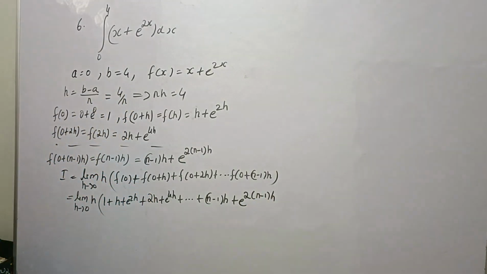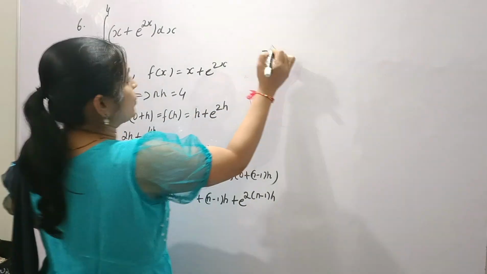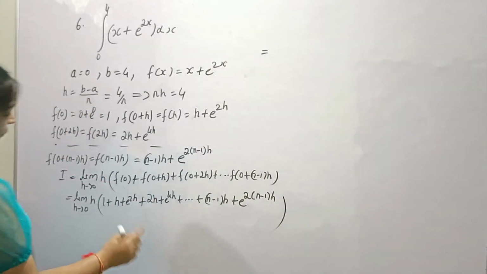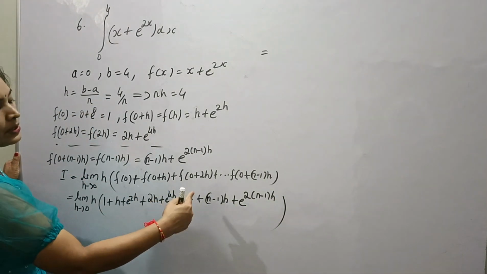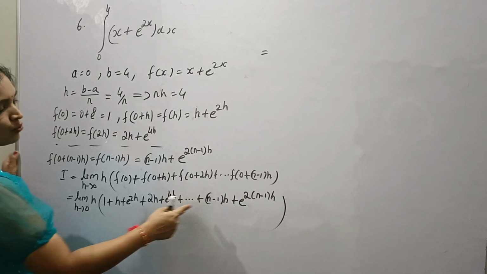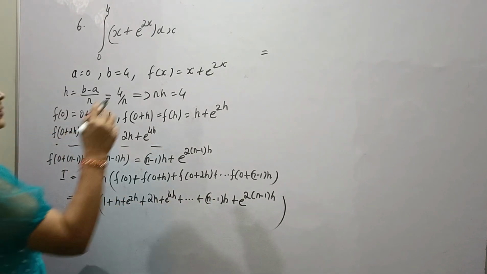Then that is equal to, we will write h plus 2h plus 3h plus etc. plus (n minus 1) into h. Let's write it together.